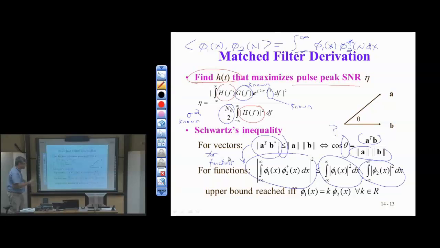The upper bound is reached if the two functions are parallel, and the way you define it is just the way you define it with vectors: phi 1 of x would be a real valued scaling of phi 2 of x. They're going to be parallel. Hang in there. This is the most theoretical lecture we have for the semester. Just hang in there for less than a minute.